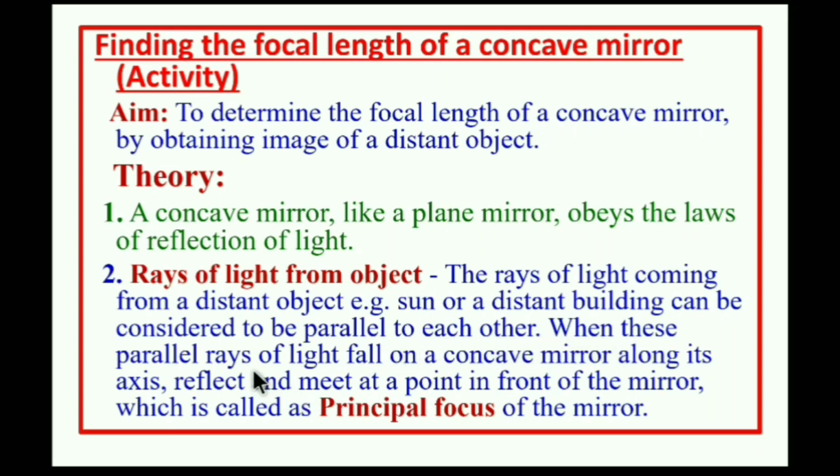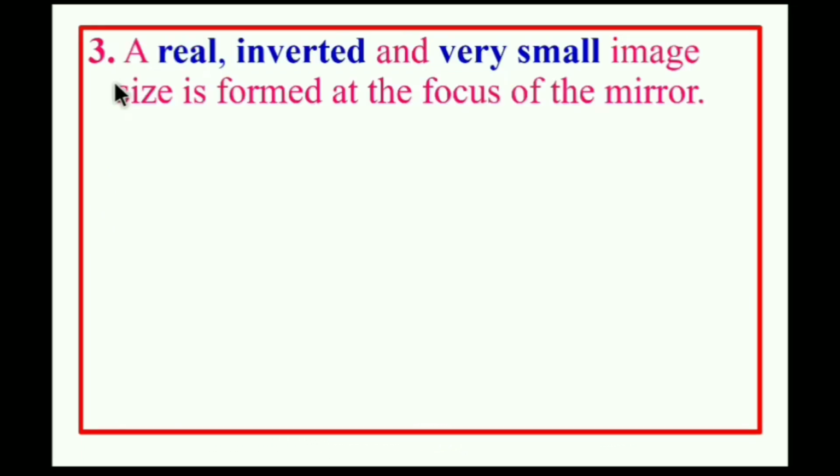When these parallel rays fall on a concave mirror along its axis, they reflect and meet at a point in front of the mirror, which is called the principal focus of the mirror. A real, inverted and very small image is formed at the focus of the mirror.